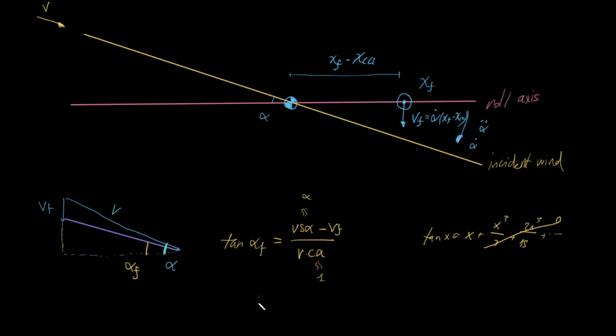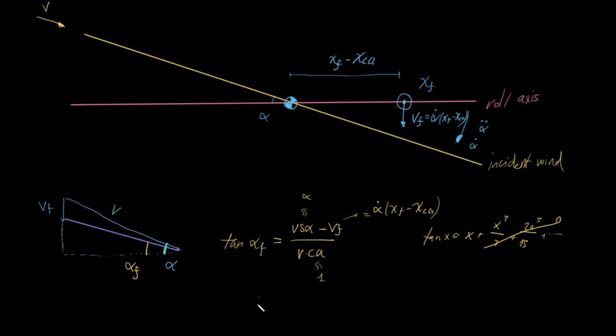So then, before we said that the induced velocity due to the angular velocity at the fins is just equal to the derivative of alpha times this distance.